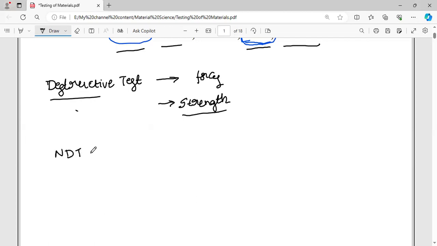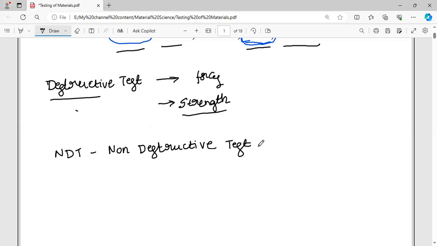NDT means non-destructive tests. That means in this test there is no damage to the materials. As the name indicates, the structure of the material cannot be disturbed.